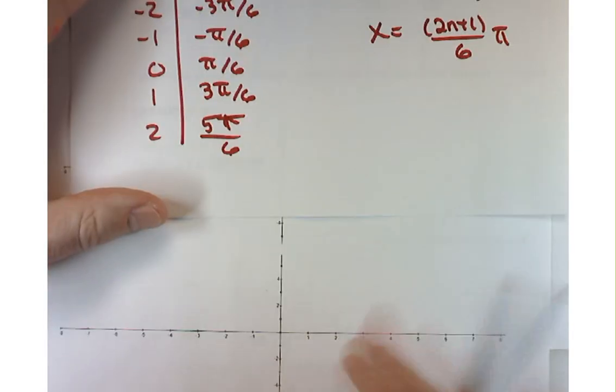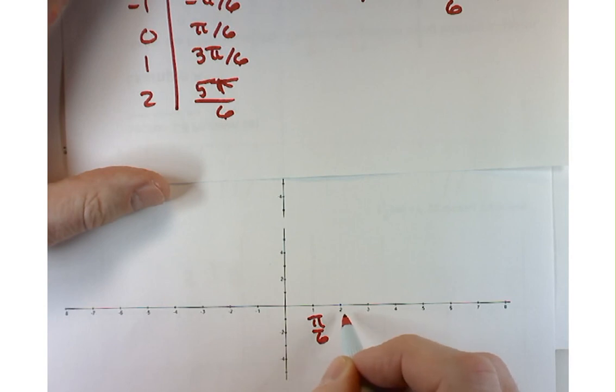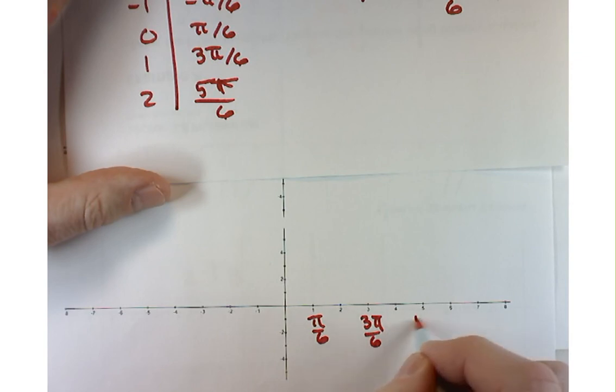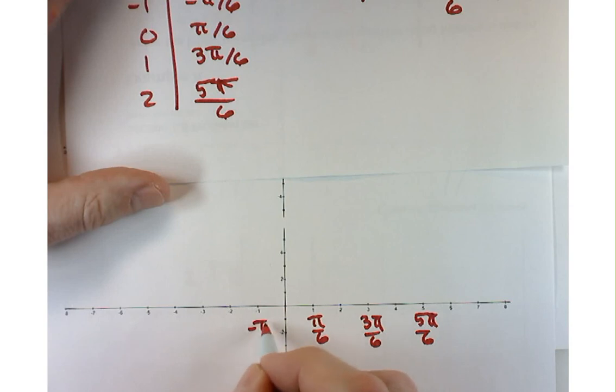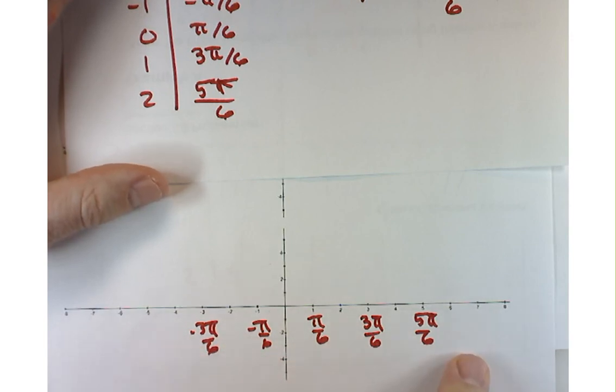So let's do that here. I'll call this one pi over 6. This will be 2 pi over 6, and then this will be 3 pi over 6, 4 pi over 6, and 5 pi over 6. Negative pi over 6, negative 2 pi over 6, negative 3 pi over 6, and so on. But that's enough to give me the points that I need.